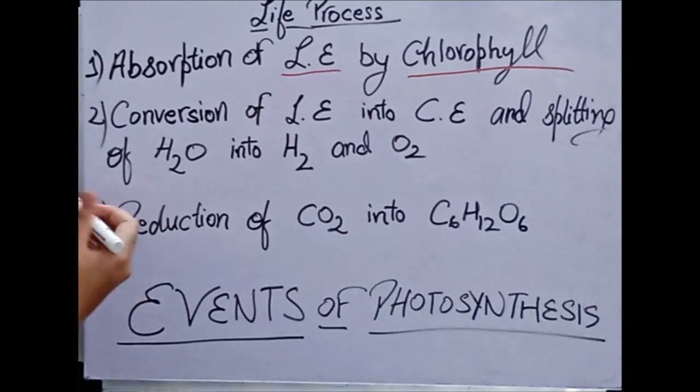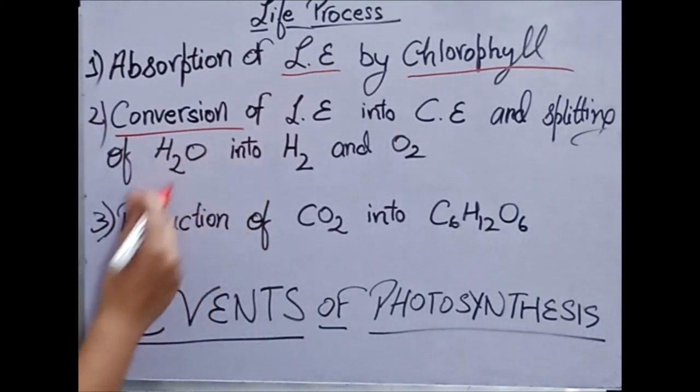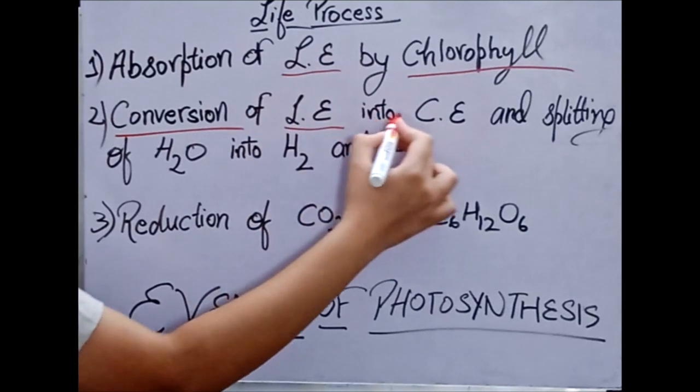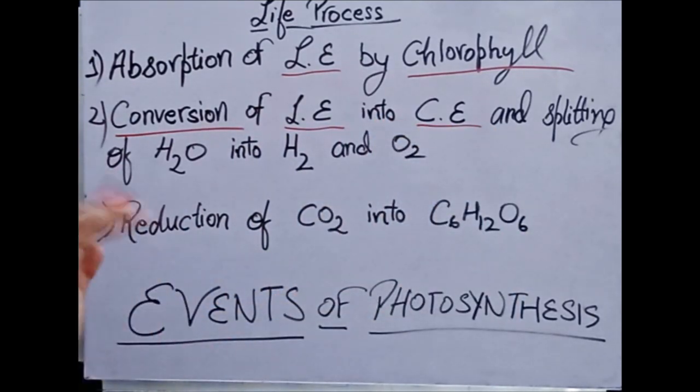Second point is conversion. Conversion of light energy to chemical energy. C is chemical energy, L is light energy. Now why are we saying that this is a conversion?